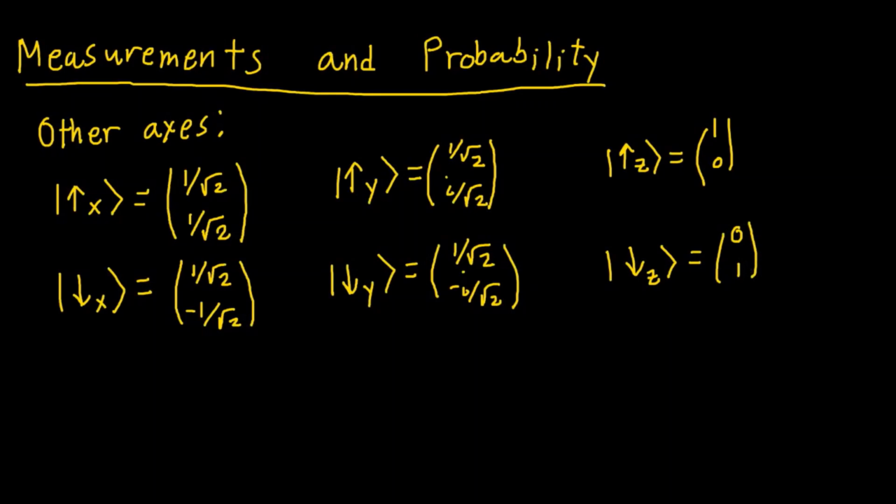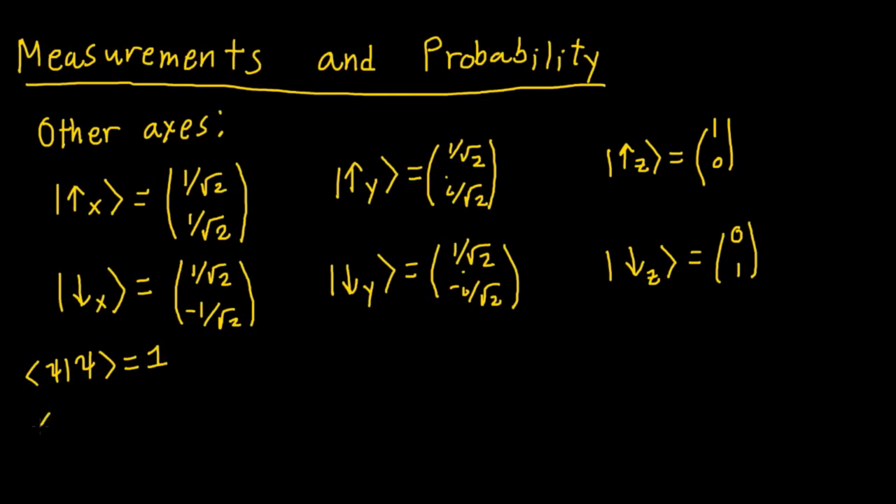Now you might be wondering, why are there so many square root of 2's everywhere? And that just gets back to what we were discussing earlier, that the inner product of a state with itself has to be equal to 1 so that all the probabilities sum to 1.